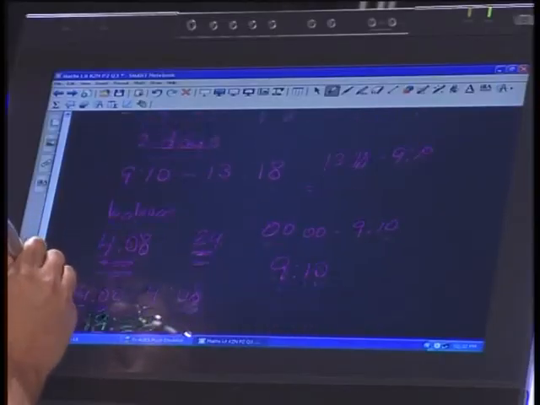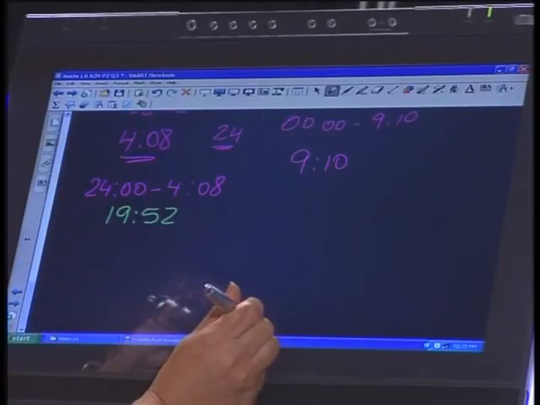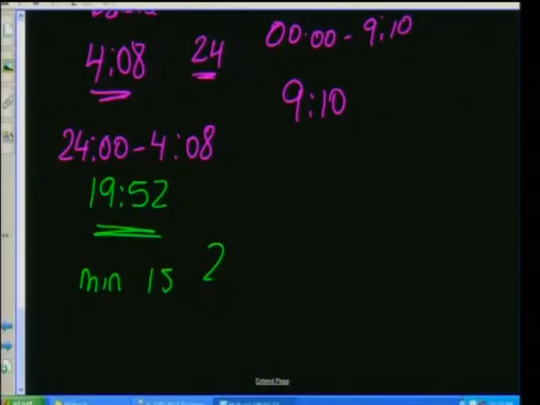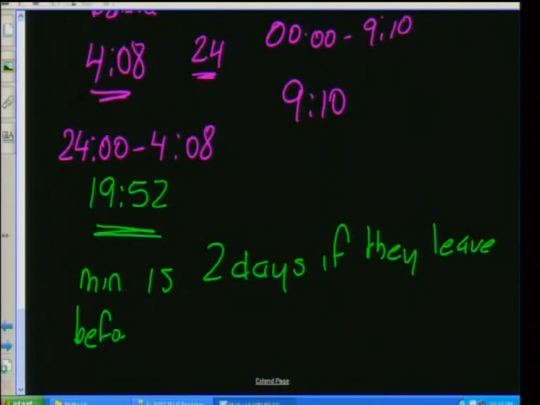But I have basically said that if they leave before 10 to 8 at night, they will get back to Newcastle in time to hand in the car on day number 3, which means they will only be charged for 2 days. So my minimum is 2 days if they leave before 1952. Everybody happy with that question?